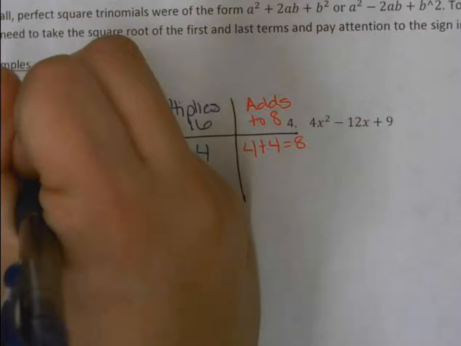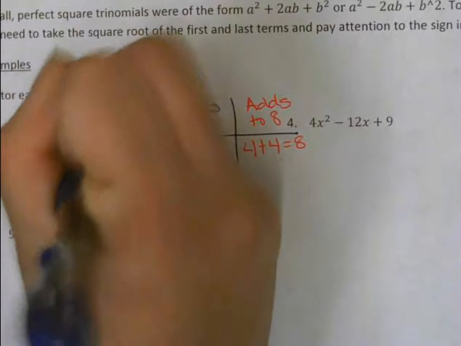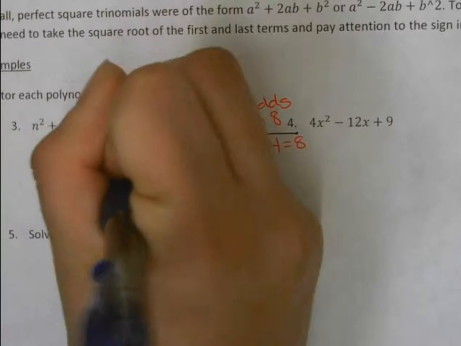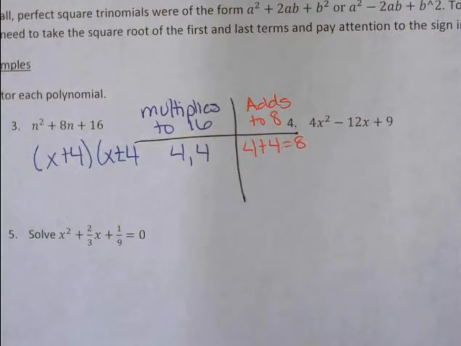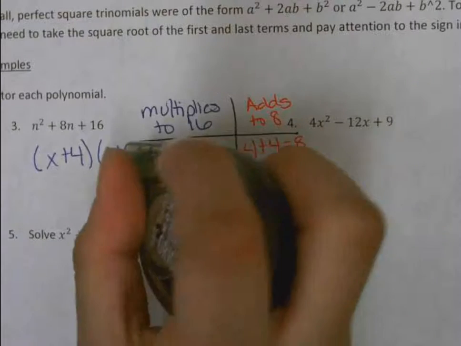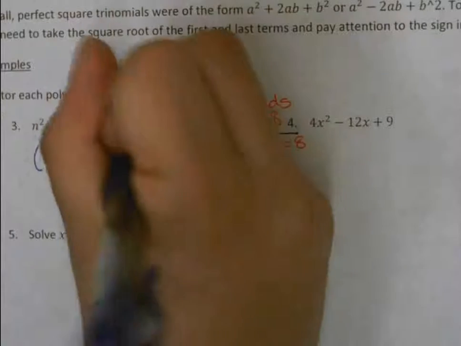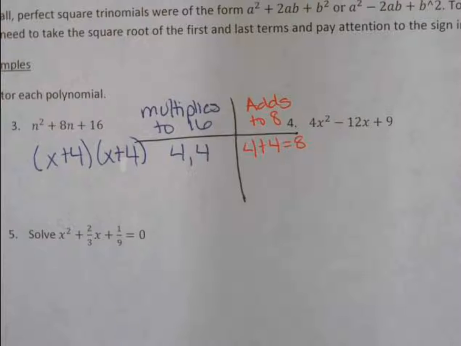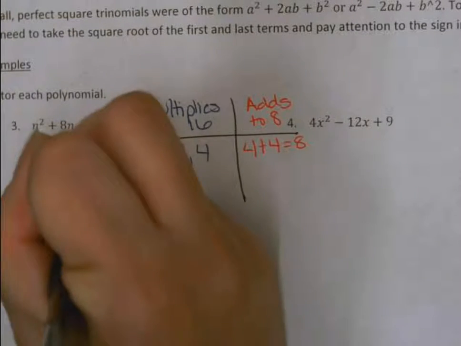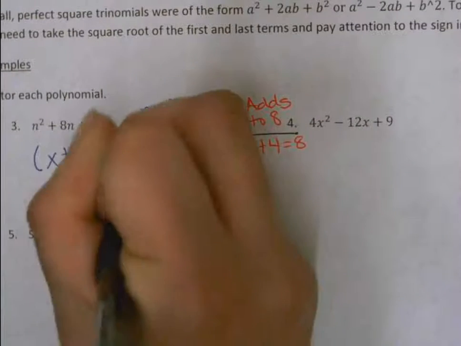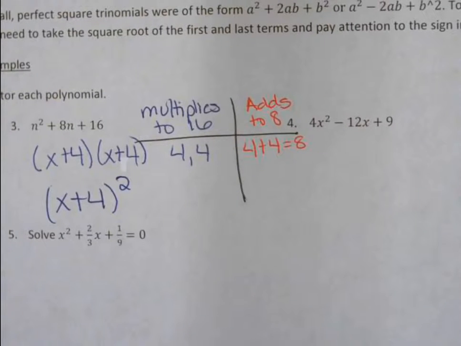There's 2 ways I can write this. I can write this like normal with x plus 4 times x plus 4. Or I can write it as x plus 4 squared, because I have 2 of the same piece.